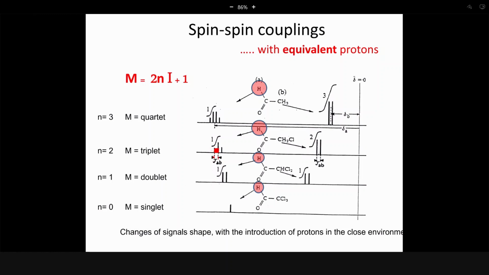Remember, we have a scale of frequency at the beginning, so for each peak I have a frequency of resonance. So when I calculate the difference between 2 lines, I have a value which is called the coupling constant.